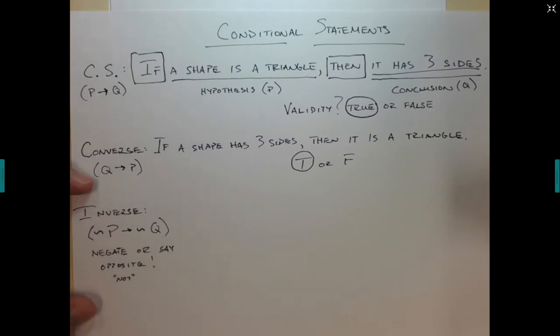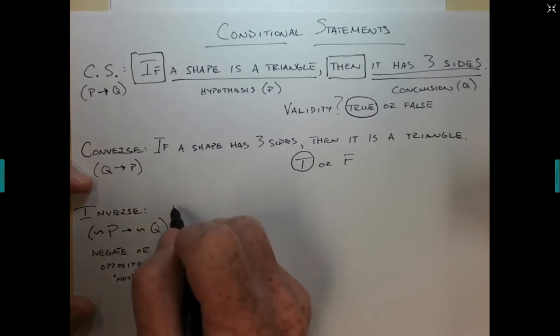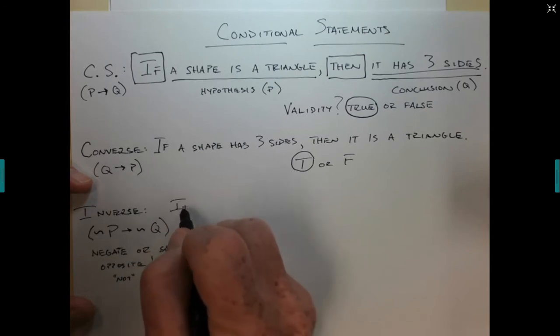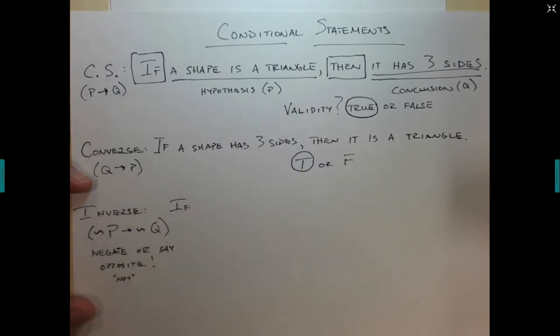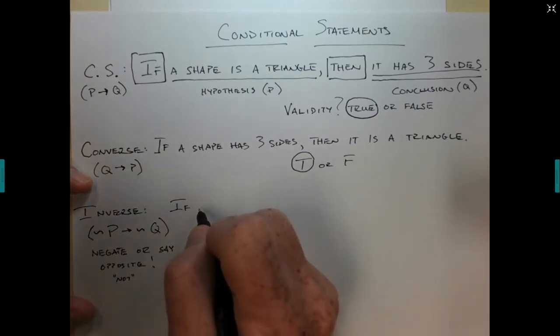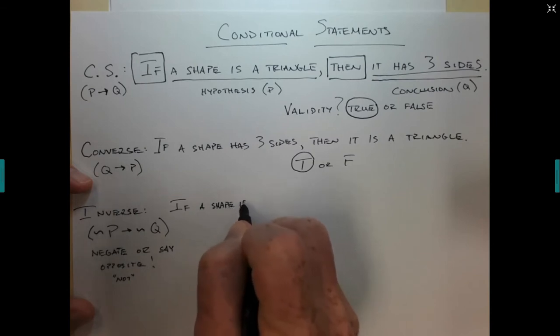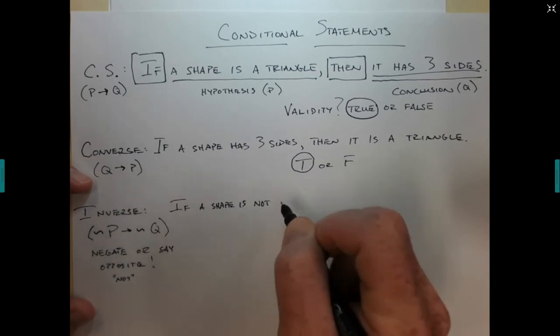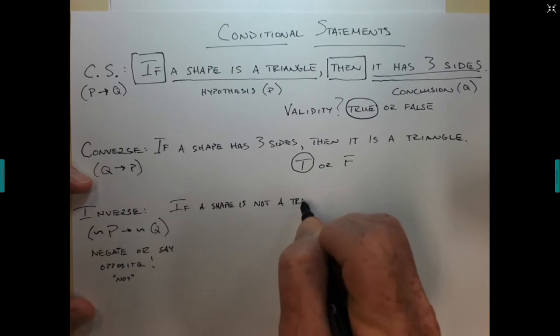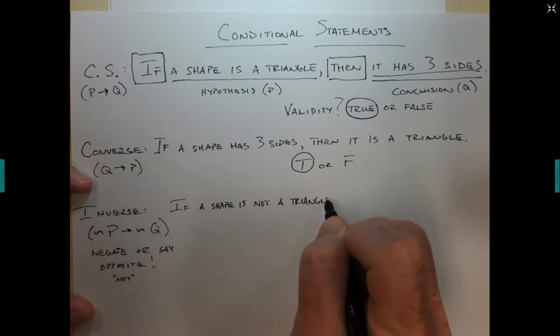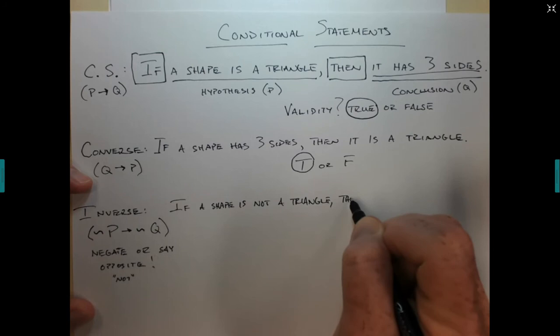So if I'm going to write an inverse, I'm not moving the hypothesis, I just want to say the opposite. So instead of a shape is a triangle, I'm going to say if a shape is not a triangle. And I've got to do the same thing for the conclusion.